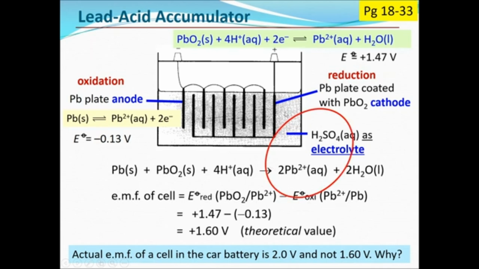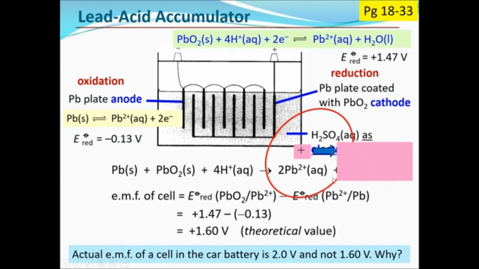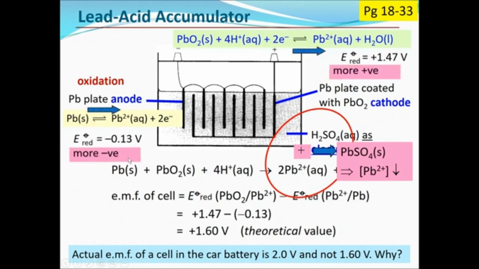So it has to do with the lead 2 plus that we're going to talk about, and lead sulfate actually gives you a solid. So that decreases the lead 2 plus concentration quite a bit. That allows us to shift the E-potential to the right significantly, about 0.4 volts in that sense, giving us a 2 volts outcome.